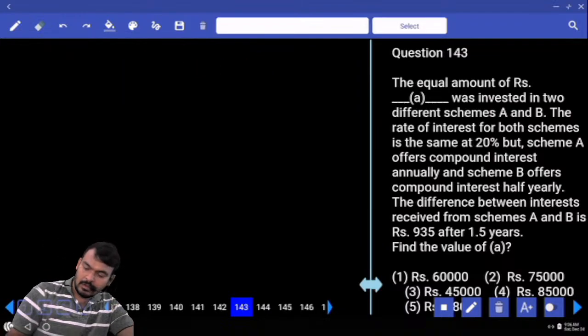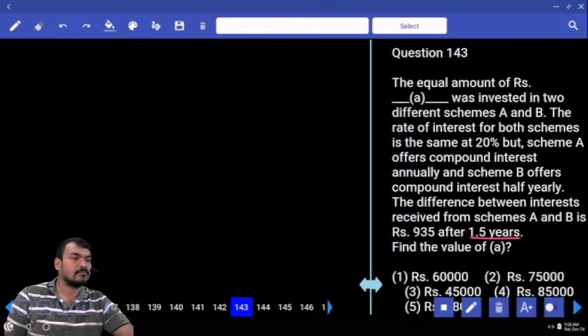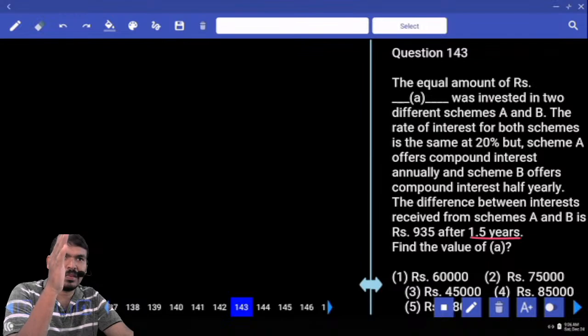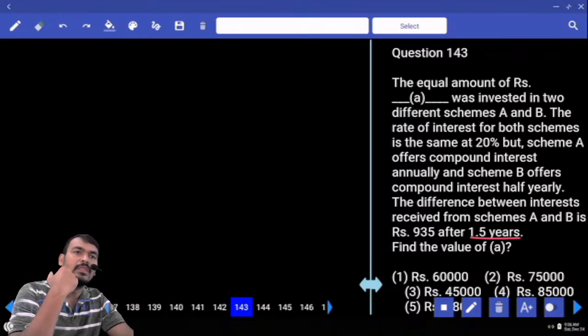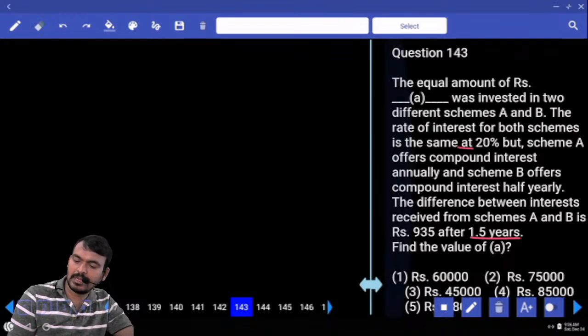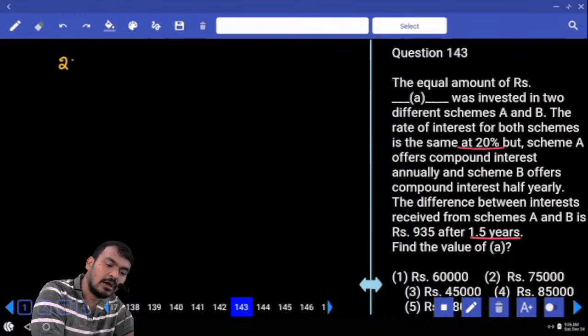Okay. What is the time given? 1.5 years. Means completed 1 year, again half year. In annual basis, 1.5 years means first 1 year, next half year. Yes or no? In annual basis, what is the 1 year interest? 20%. Half year interest? 10%.